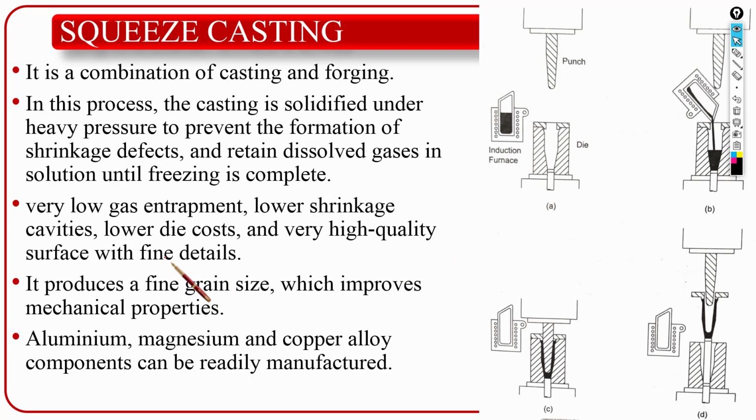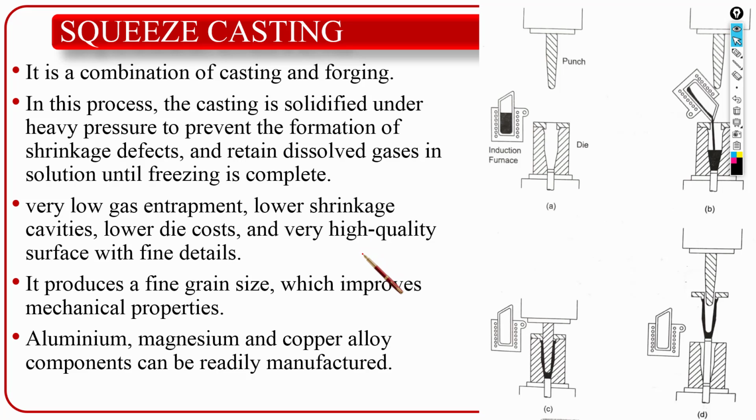There are lots of benefits. You see, very low gas entrapment, the gases will not be entrapped. And there will be low shrinkage cavity. Also the cost of the die is very low, as we can see, no very big equipment is used. And a high quality surface is achieved.